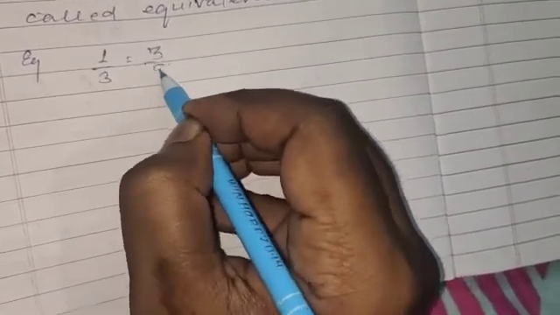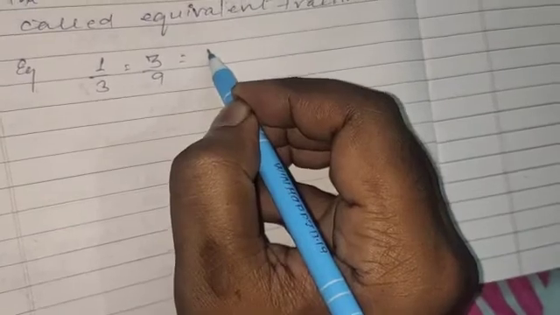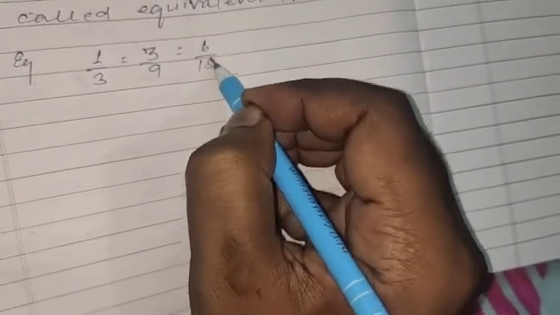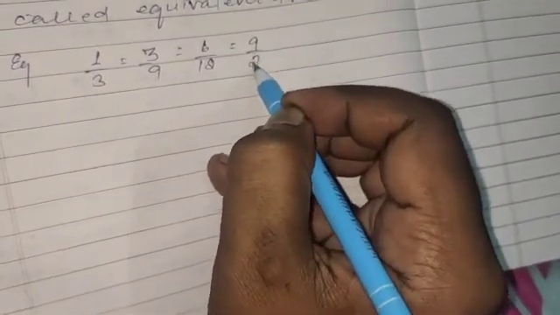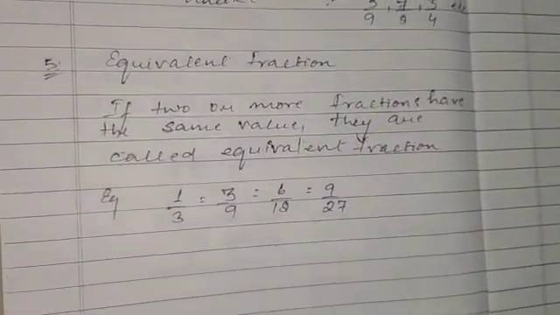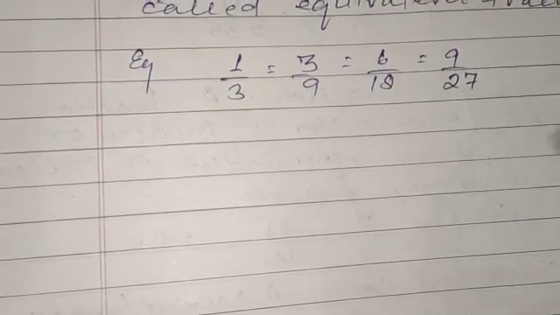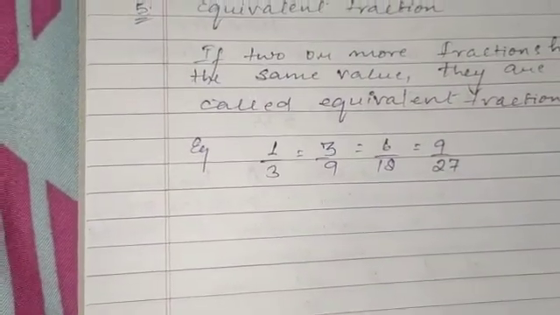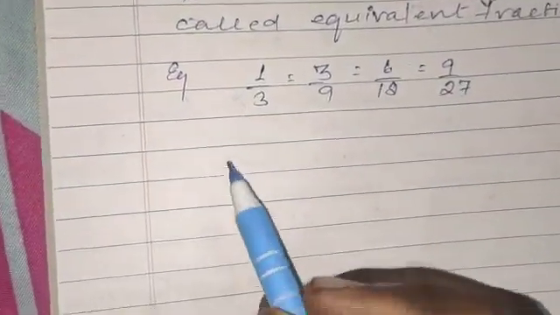Example, 1 by 3 equals 3 by 9 equals 6 by 18 equals 9 by 27. So this is called equivalent fraction. So here the types of fraction are completed with equivalent fraction.